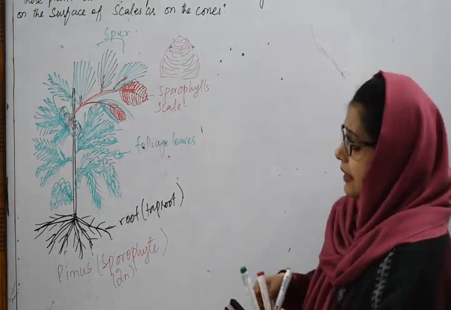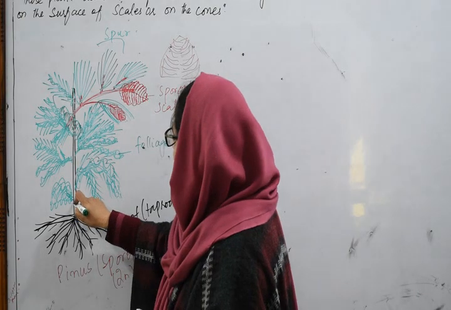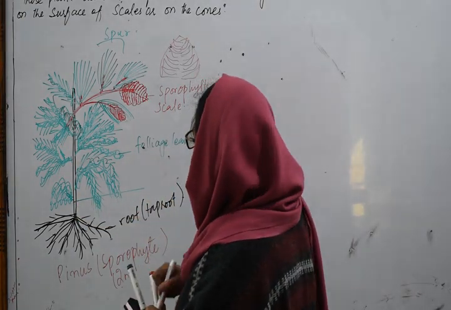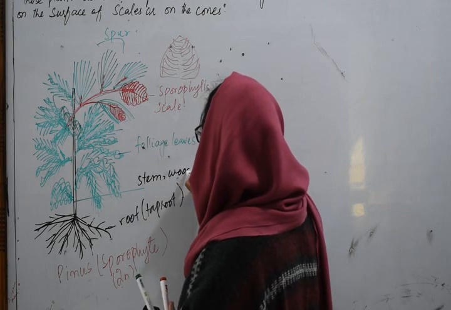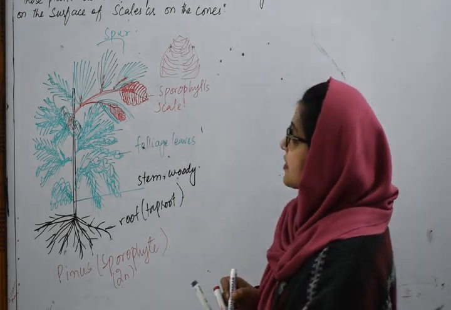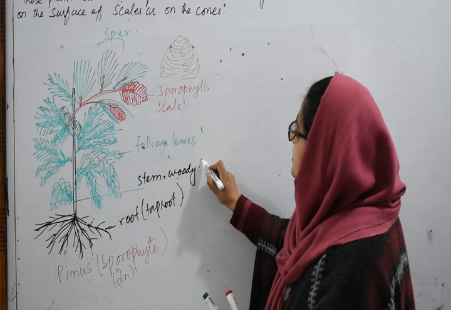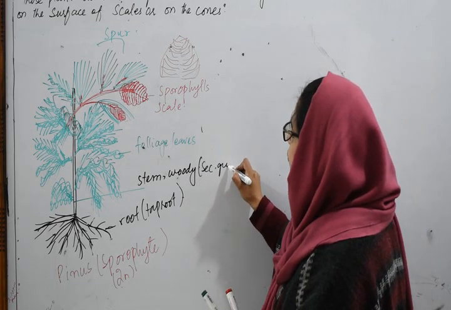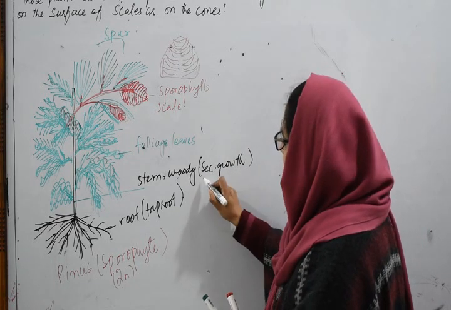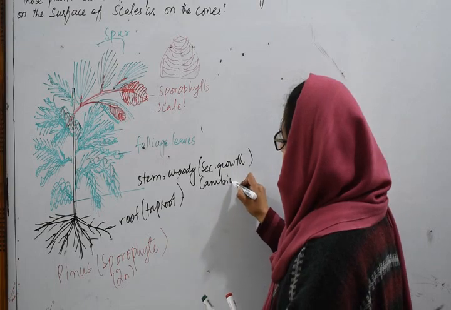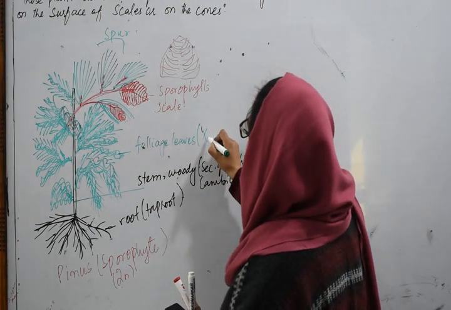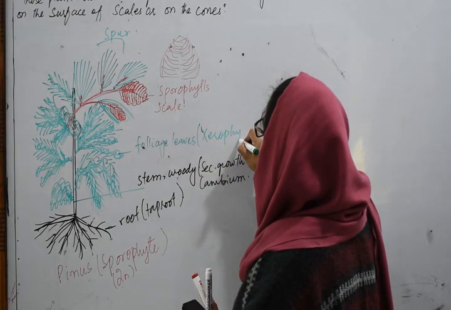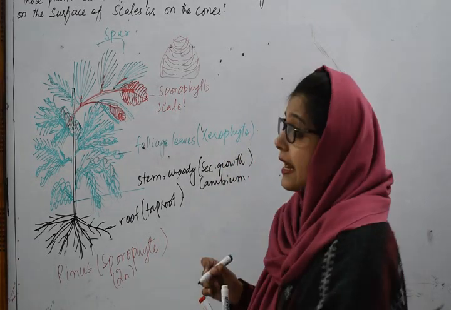Okay, then the stem. Beta, their stem is woody, and why is it woody? Because it shows secondary growth, and secondary growth is due to the activity of the cambium. Then the leaves show xerophytic adaptation, so we can say that these plants can live at high altitude.